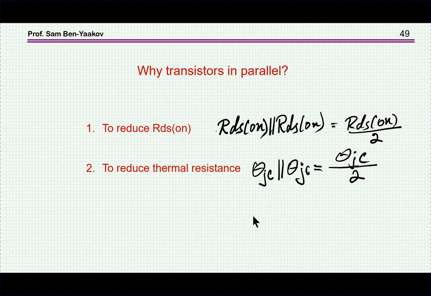This is why, in many cases, it's better to take two or more transistors rather than one with a smaller RDS(on). It spreads the heat among the various transistors connected in parallel. So this could be a motivation to use a number of transistors in parallel, other than the fact that they reduce the effective RDS(on).